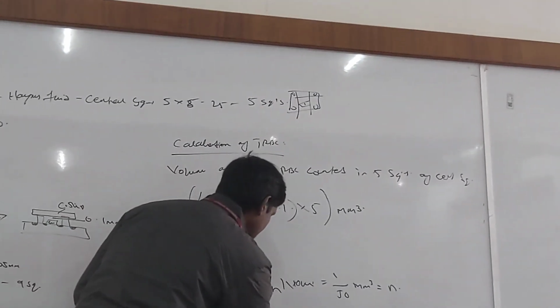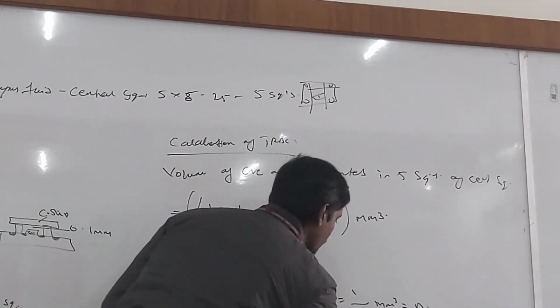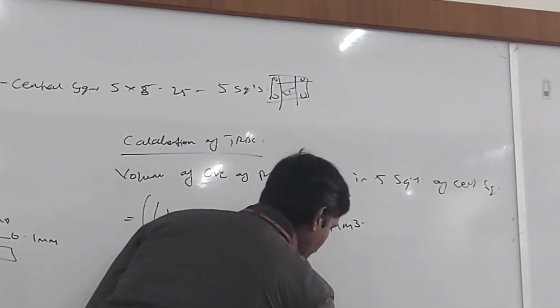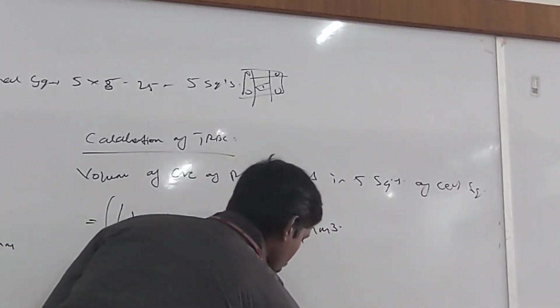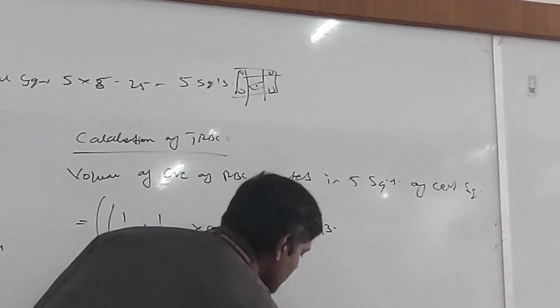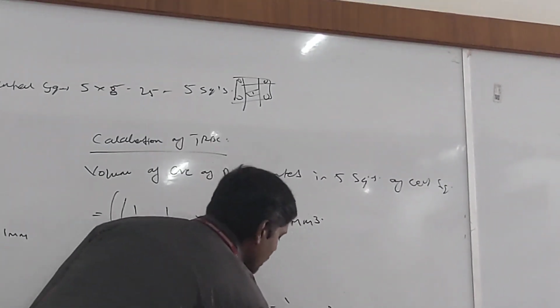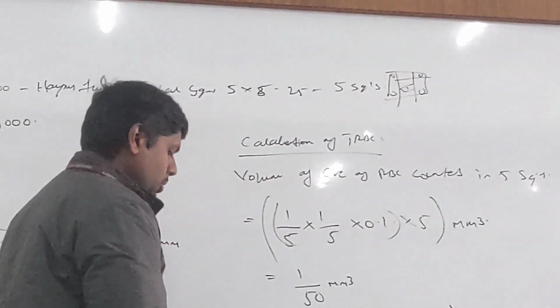Number of RBC in 1 millimeter cube equals N into 50. Then N into 200.